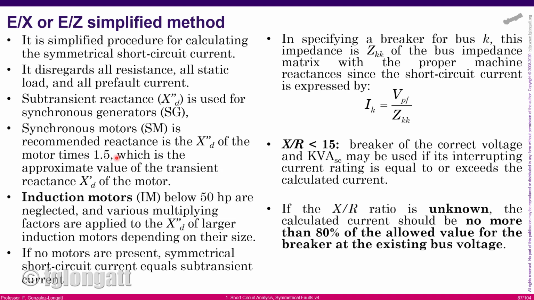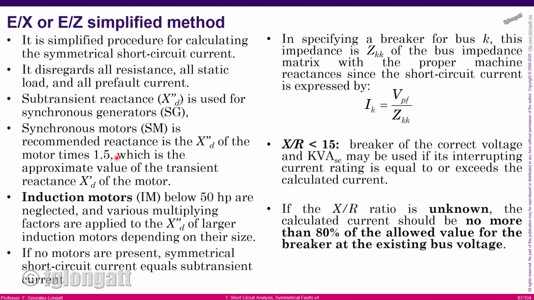What I'm trying to say is this simplified method is used to calculate the interrupting current. You need to use some multipliers on the reactance in order to get the approximation of how the reactance changes from the subtransient period to the transient period.